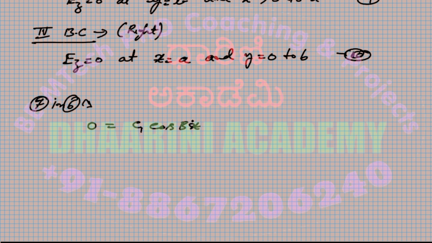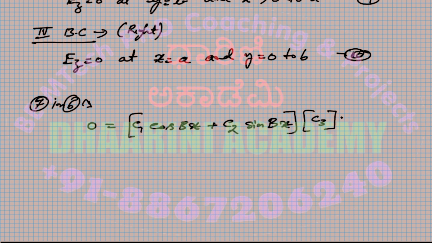Then I have plus C2 sin bx, that remains as it is because it's made up of x, no change in x, because x varies from 0 to a, but y is 0. When y is 0, what happens? I have the next term, so I only have C3, correct?